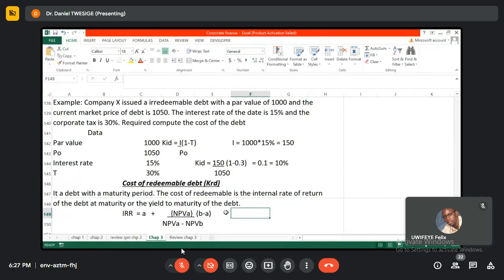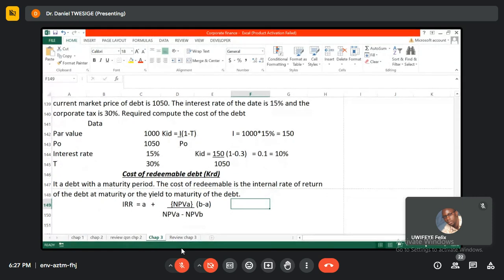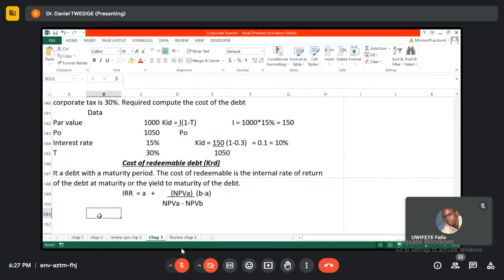Sometimes we have different definitions. Maybe we can use the common definitions that are already there, where A is the lower rate. Sometimes I use the cost of capital. B is the higher rate.